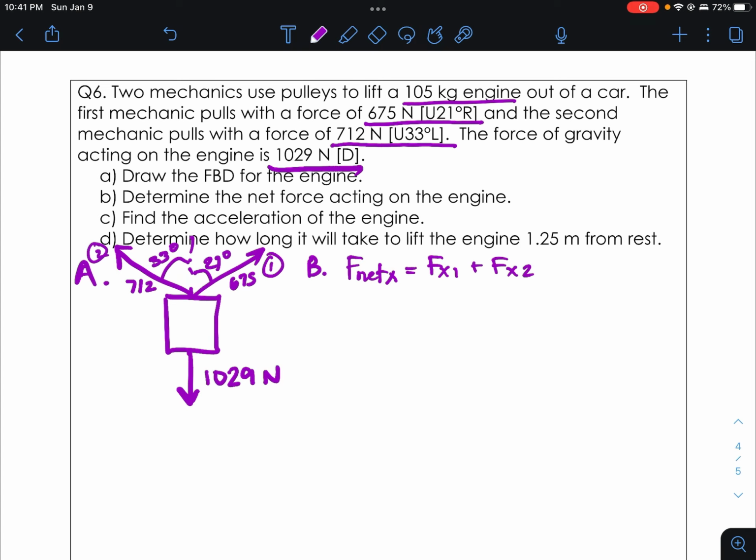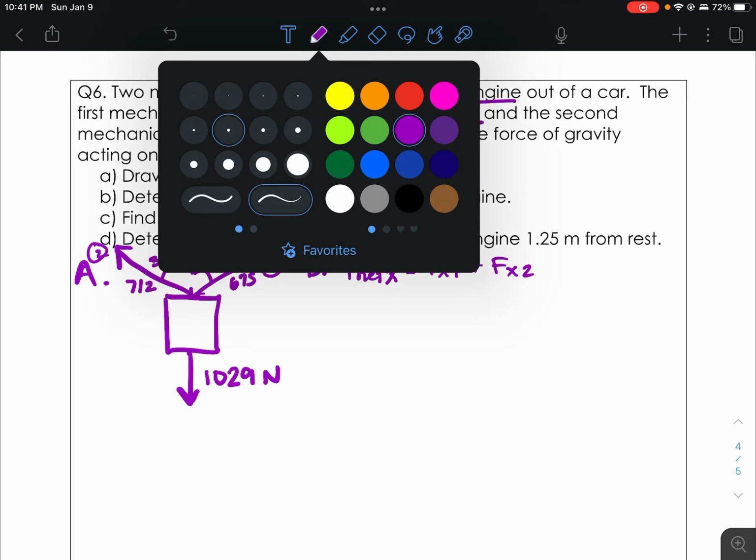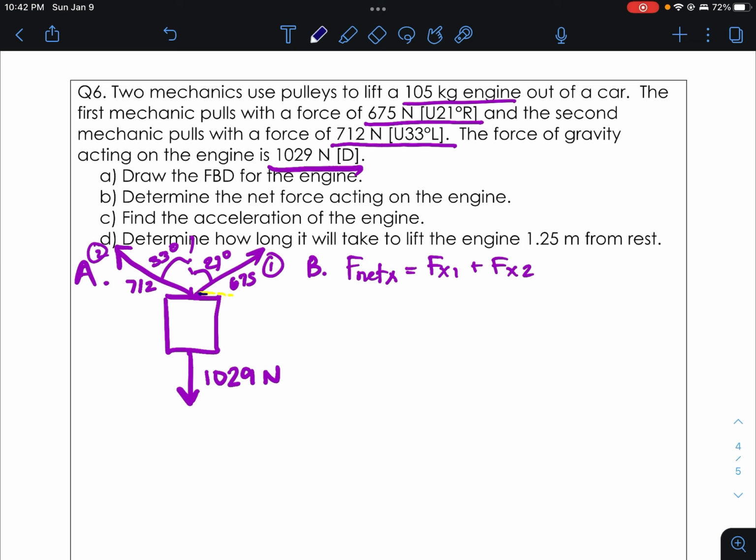So we're going to have to break this triangle into, I'm going to use a different color so you can see that. There, let's use blue. Okay, so we'll say that's F1x and this is F1y, and this is F2x and this is F2y. So to find that, it's going to be the same up here.